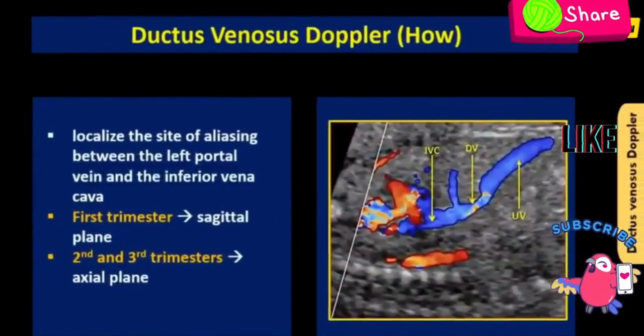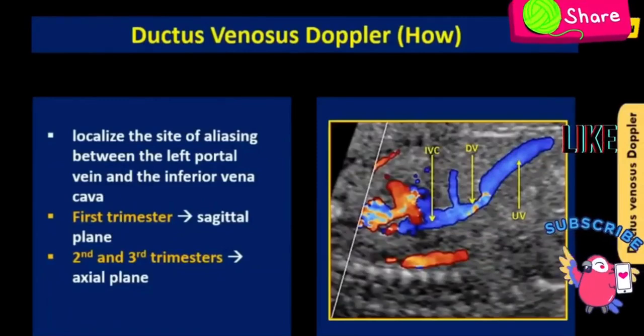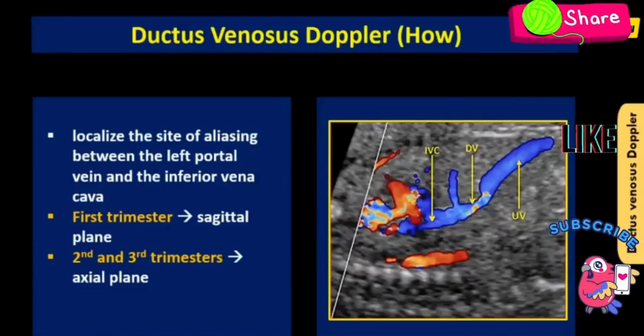To perform Doppler study of the ductus venosus, use color Doppler ultrasound to localize the site of aliasing between the left portal vein and the inferior vena cava. This aliasing is best seen in sagittal plane in the first trimester and axial plane later in pregnancy. The fetus should be at rest and not breathing during ductus venosus sampling.